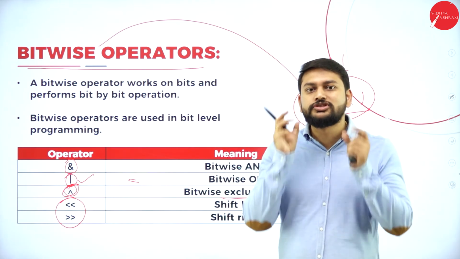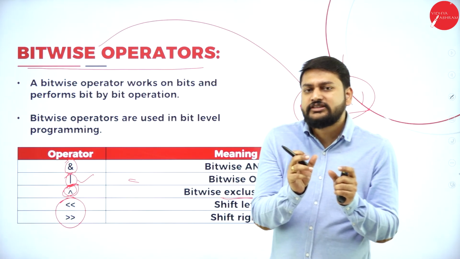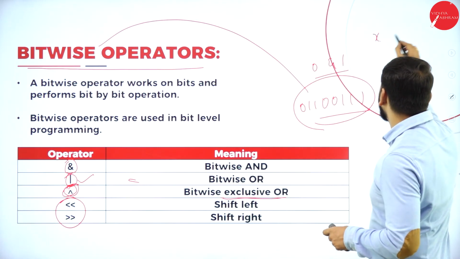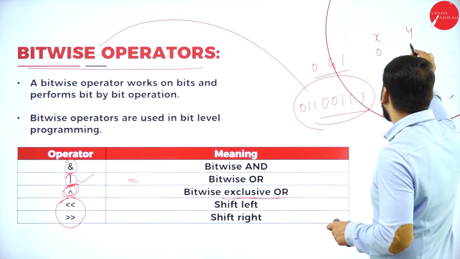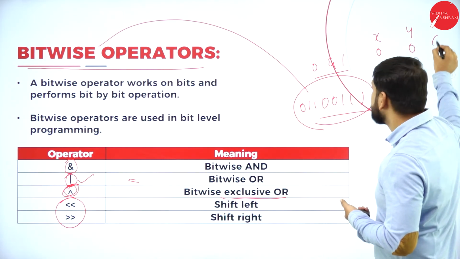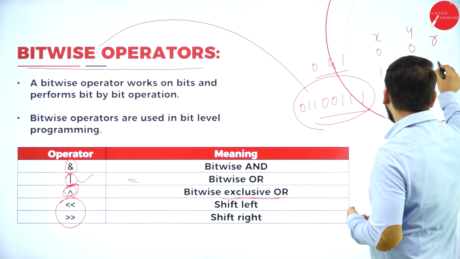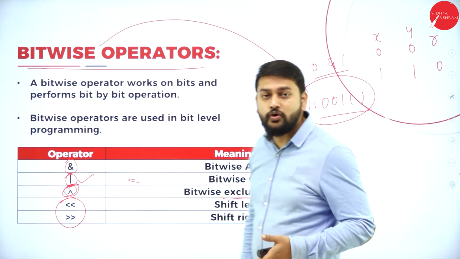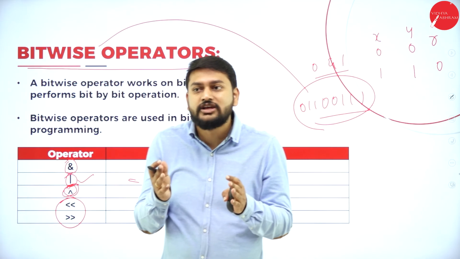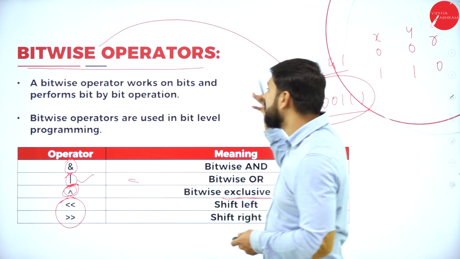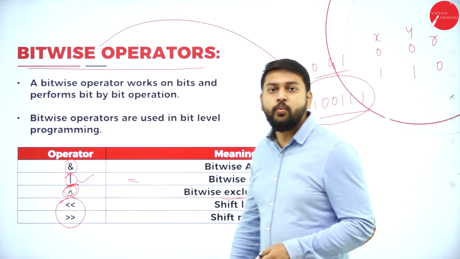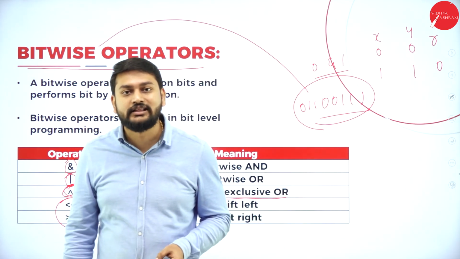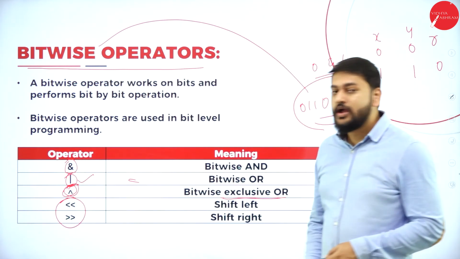If both the inputs are the same, say for example, I have X and Y. Here 0 and here also 0, my result will be 0. Here 1, here also 1, my result will be 0. If both are the same, my result will be 0. If any one of them is 1, then my result will be 1. So please understand that, with respect to exclusive OR.